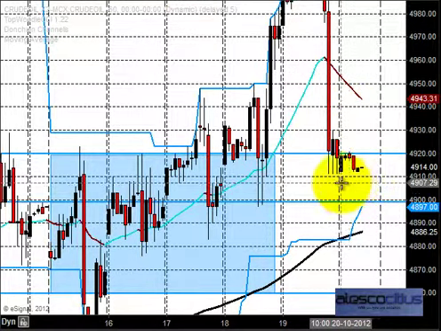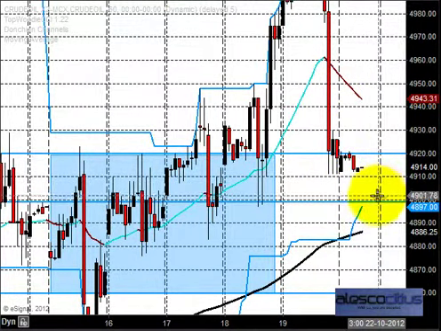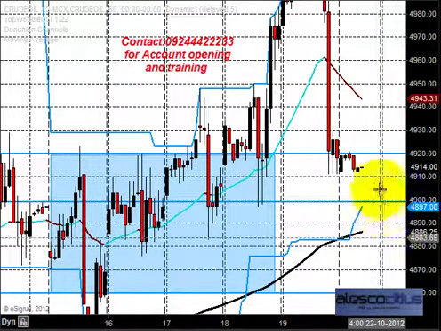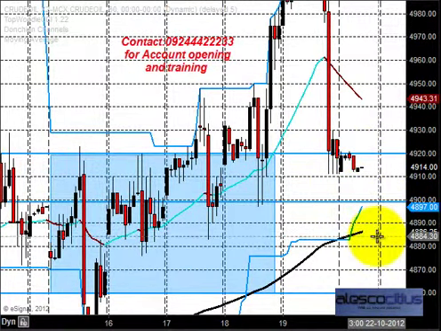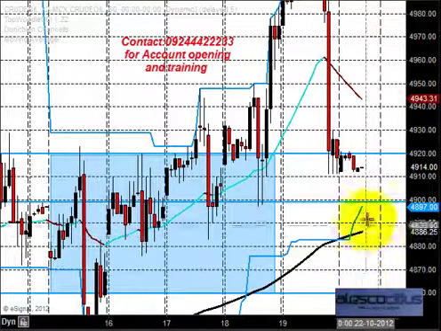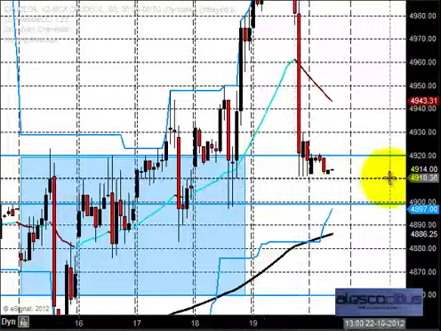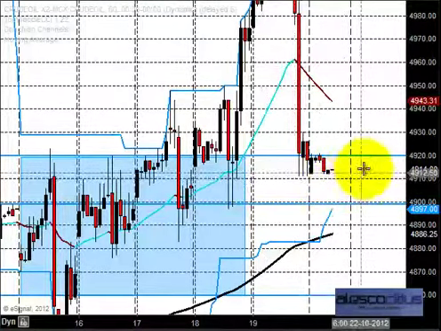But if the price breaks 4900 and we see a closing below this, that indicates a clear resistance here, and a closing below the average will put a lot of selling pressure. So please watch the price action very closely and follow the support and resistance.